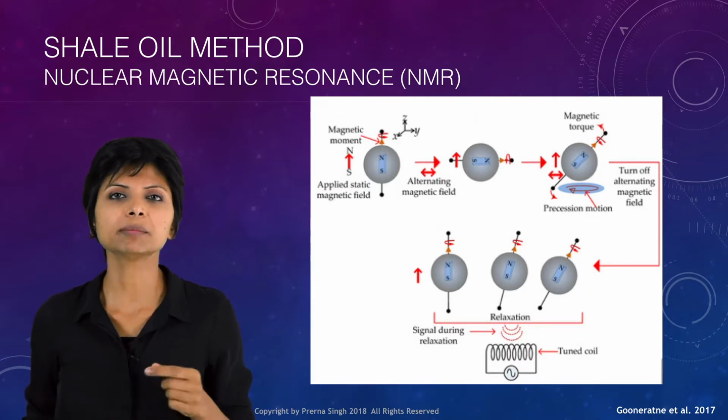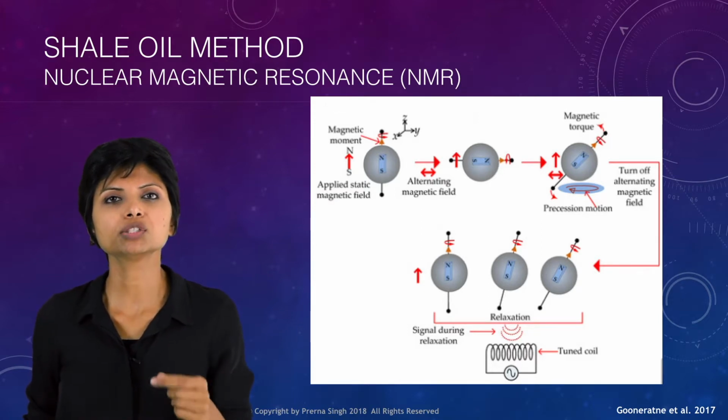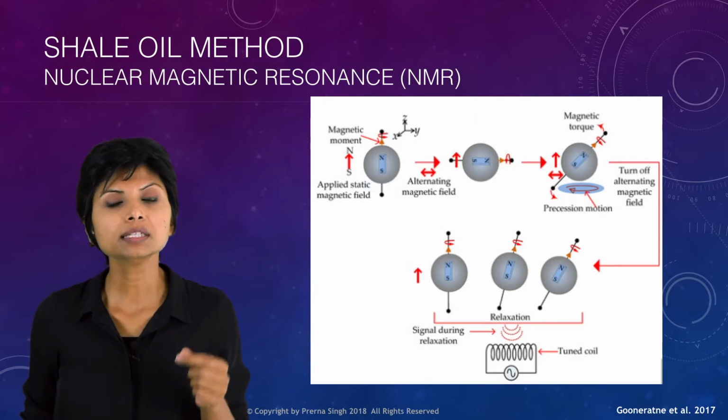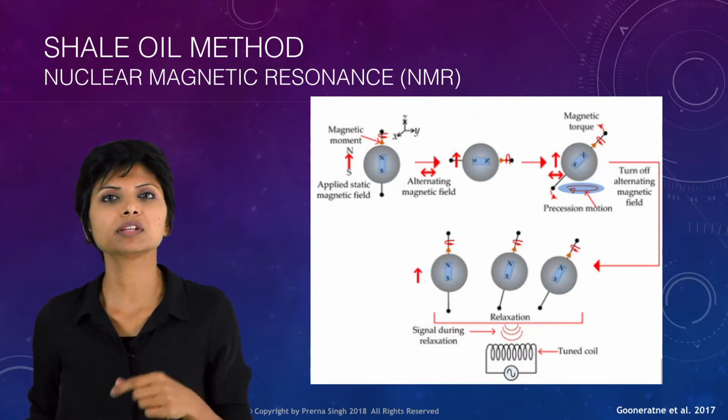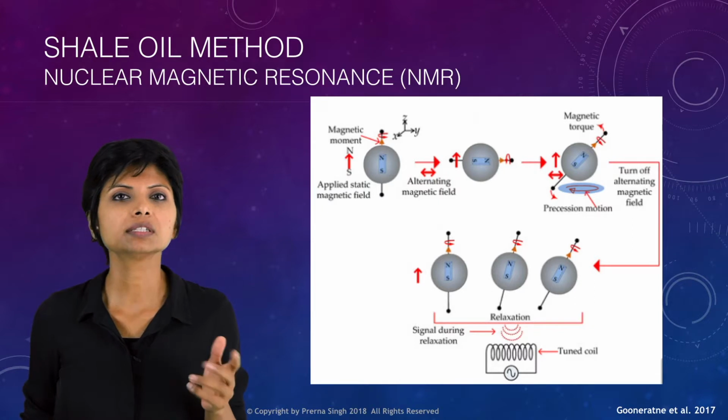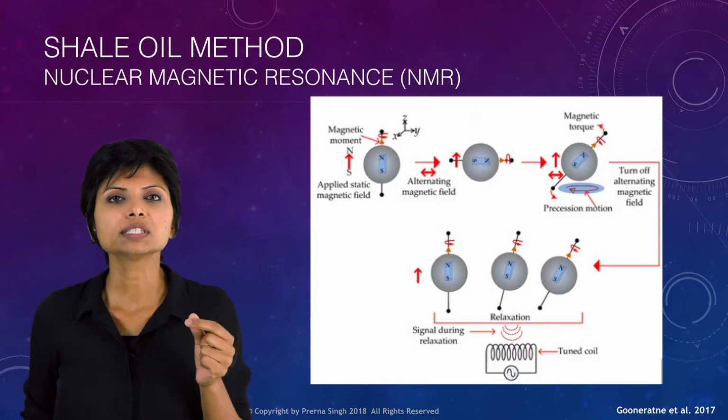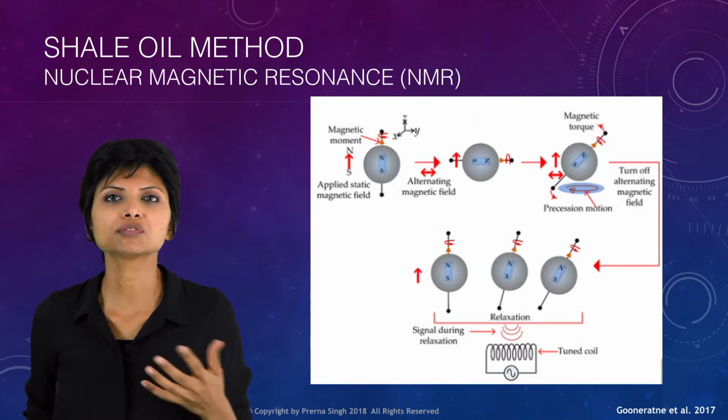Then a perpendicular magnetic field, which would be a radio frequency, is applied. This new field tips the nucleus away from the static magnetic field direction. This field is applied as a series of short pulses.